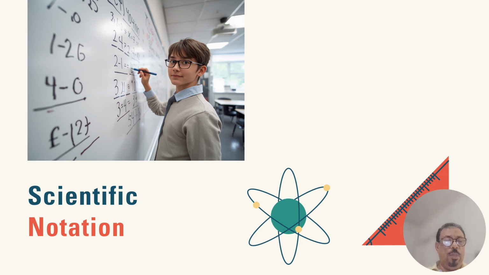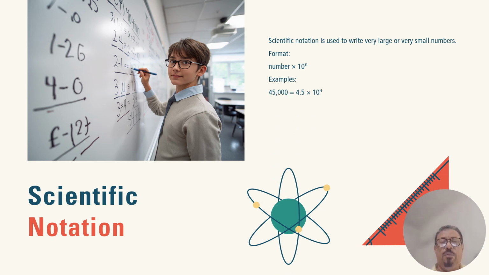Before I talk about the significant figures rules, I would like to talk about scientific notation. We use scientific notation to write very small numbers or very large numbers. We use the format a number times 10 to the power n. How do we decide the number n? I'll give you the first example. We have 45,000.